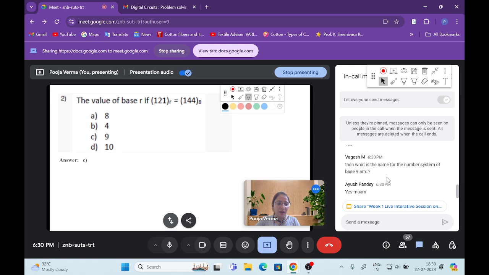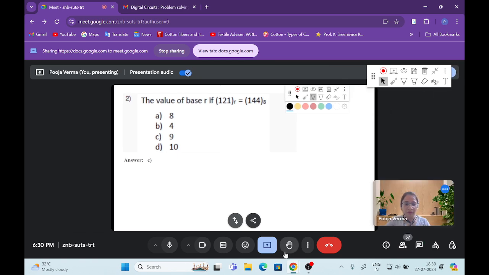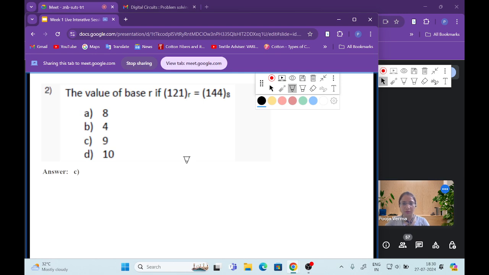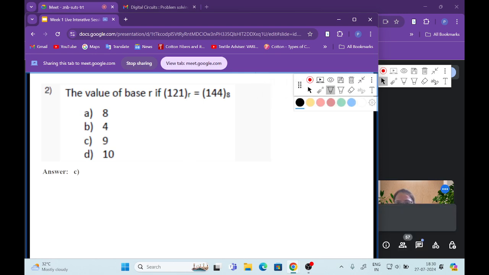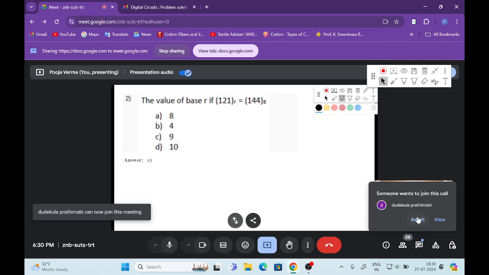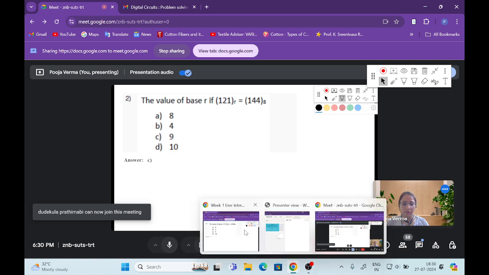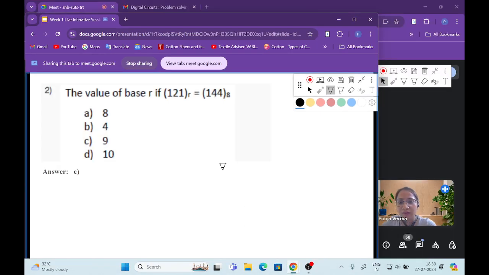It can be said base 9. There are four number systems used by the computer, but in a question you can find any base. That is for the solving purpose. In that case the base is 9.